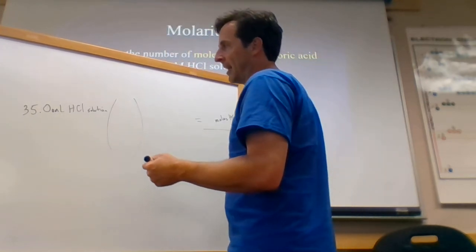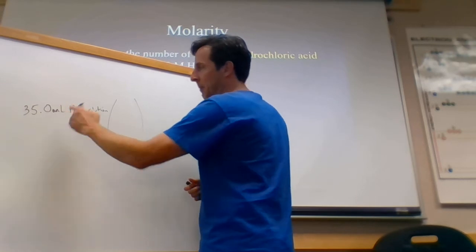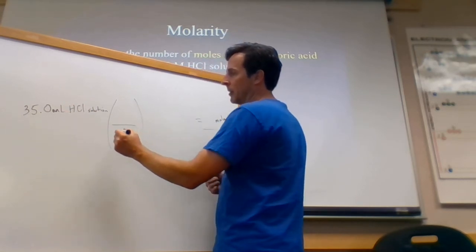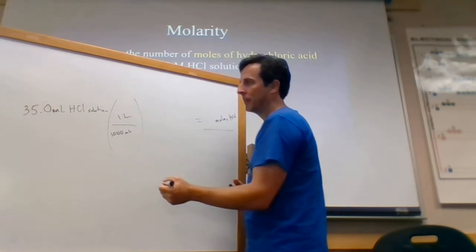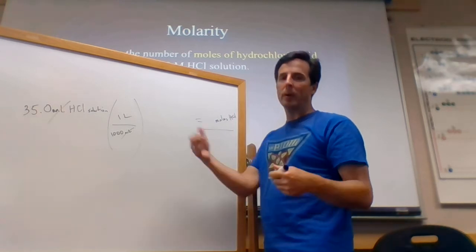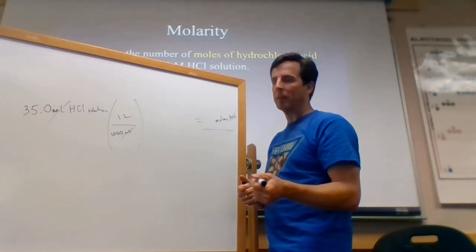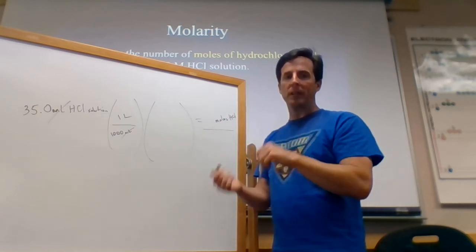So I need to get the volume into liters before I can do anything else. So my milliliters here, I need to convert to liters. Well, that's going to be 1,000 milliliters on the bottom to 1 liter. That makes milliliters cancel. So now I have the liters of HCl, that'd be 0.035 if you calculate it at this point. Then my molarity, it's 6 moles per liter.